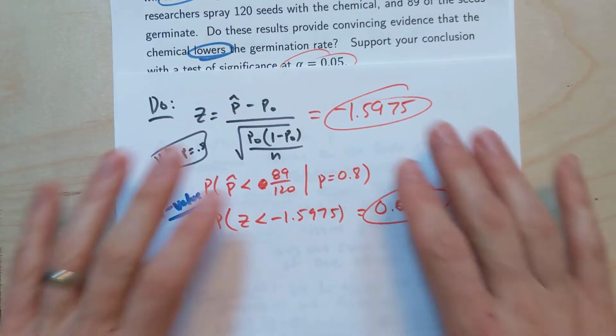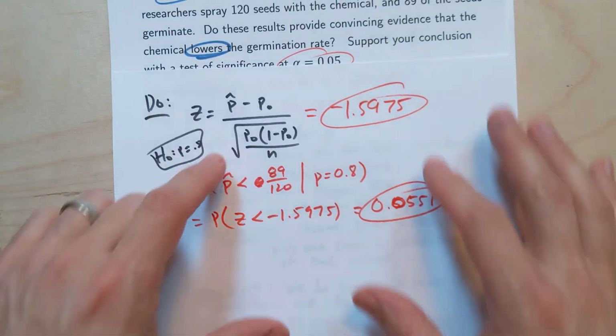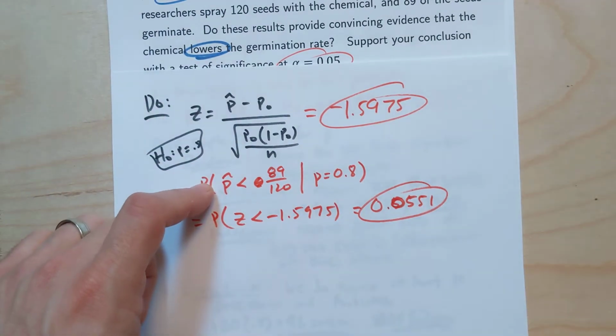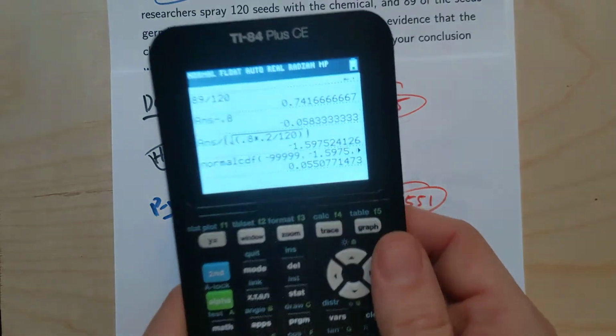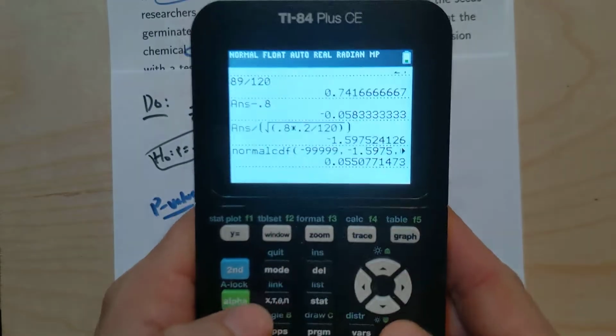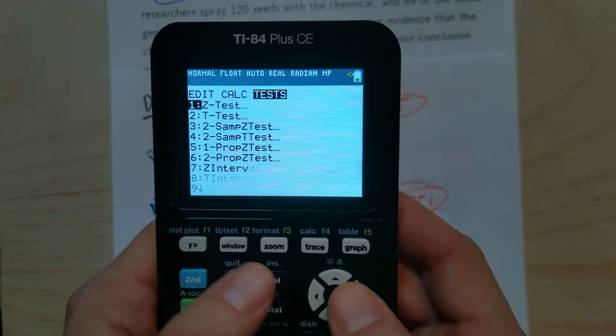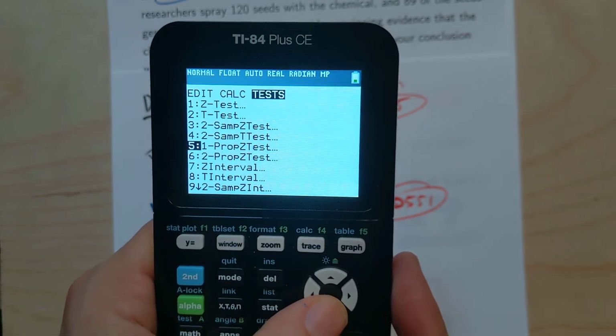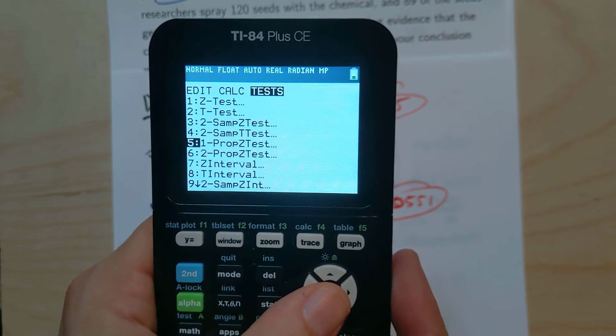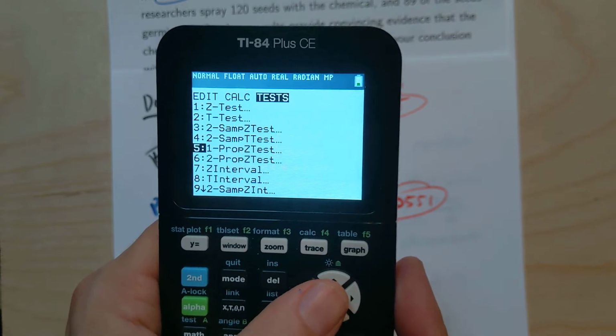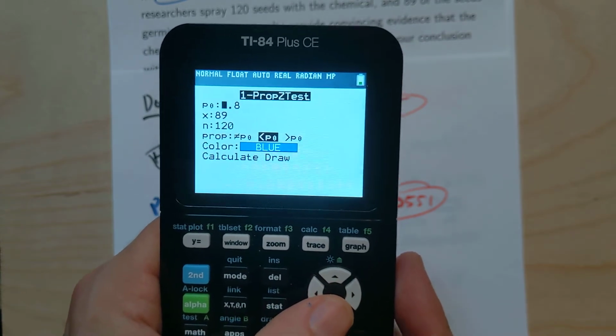Now, just as an aside, I did this in a very long way. I showed all the formulas and did all the math by hand. We could have done this much quicker just doing it right in our calculator. So let me show you that real quick. If I hit stat and go to tests, down to where it says 1-PropZTest, because I did a one sample z-test for proportion, I could put stuff in.